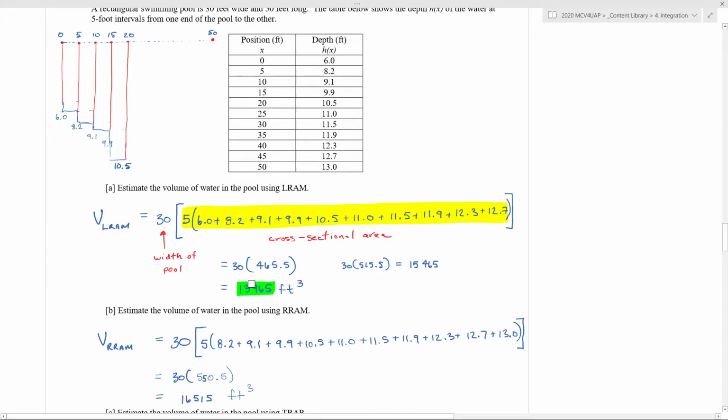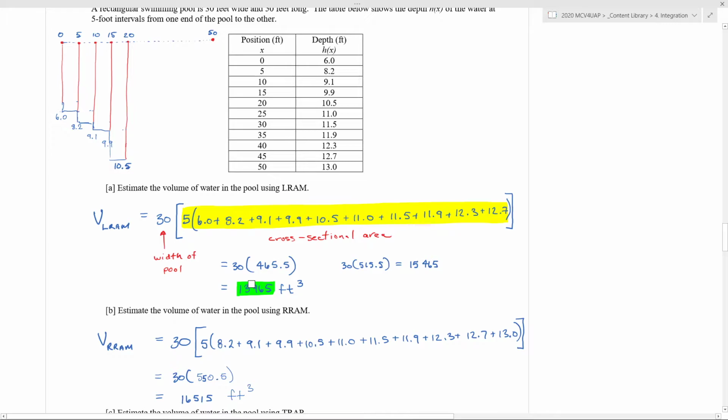And that means this is 15,465. Now, does everyone agree with those two answers? Yeah, we're good with those. So 15,465 and 16,515.